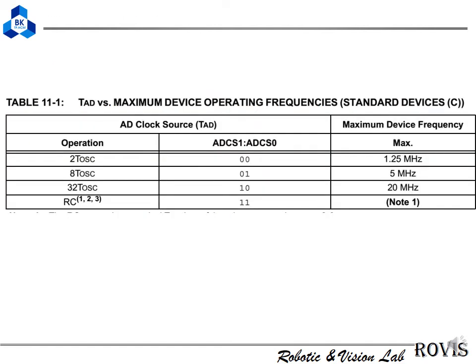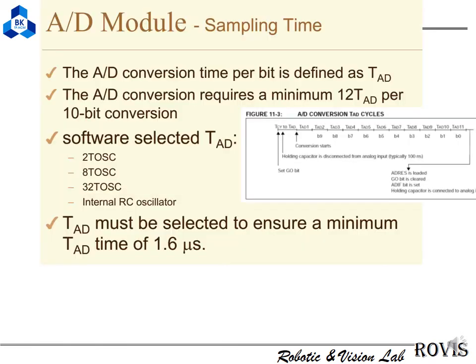And now how to choose this bit. Previously I already told you that it is based on which crystal you use. So let's see. This is related to something like TAD, the conversion time for 1 bit.